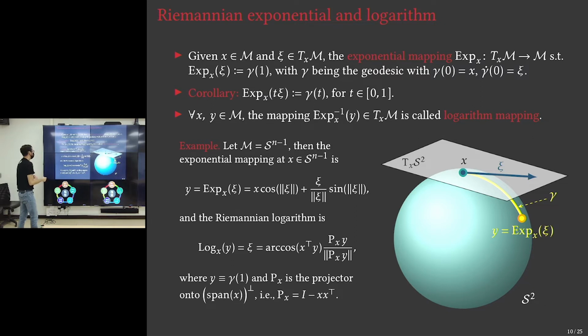For the sphere, as I mentioned already before, there is also a closed form solution for the logarithm mapping. You don't need to look at the explicit expression, I just want to tell you there is one. It's a special case of the Stiefel manifold, so in this case, there is the explicit solution.